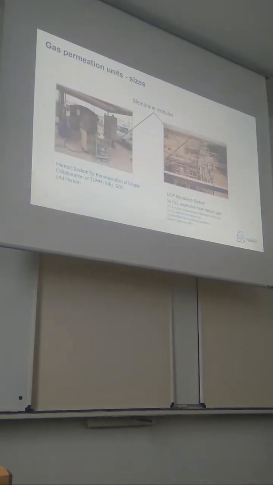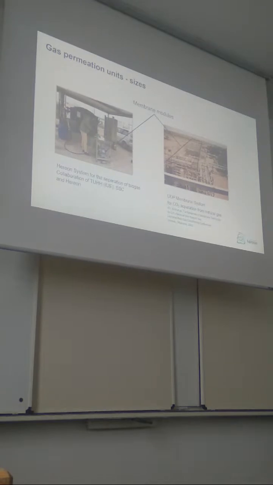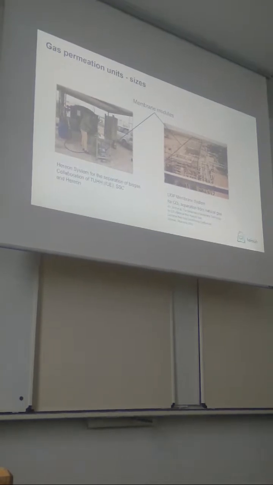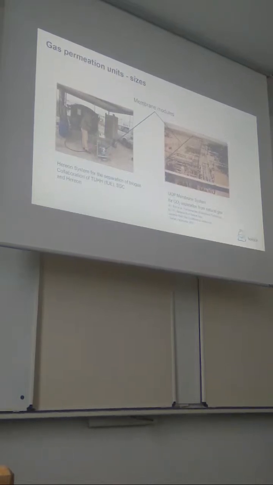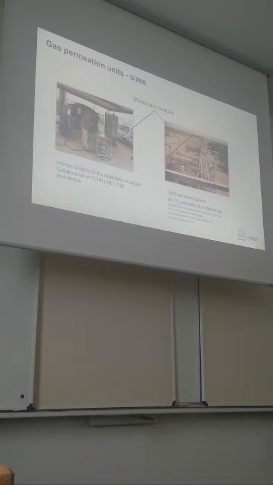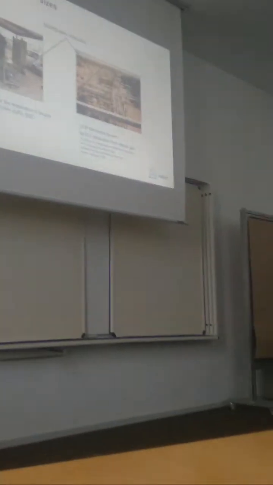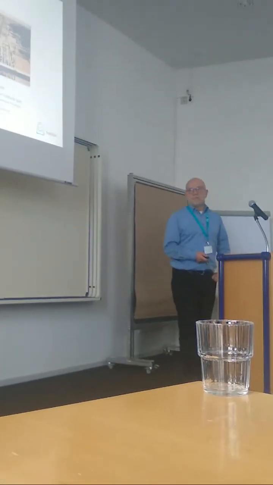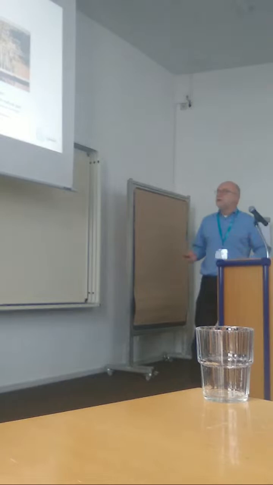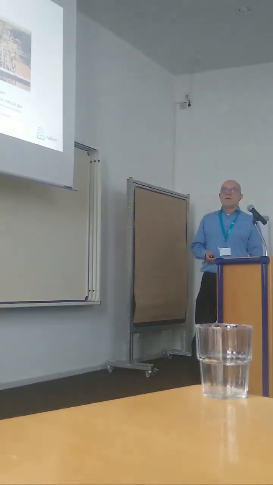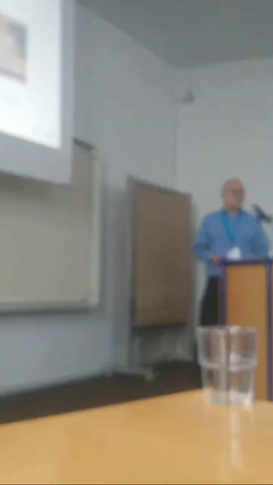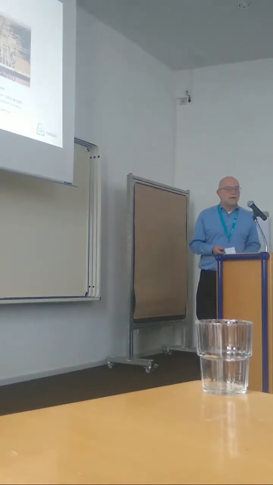Now, membranes in general, these are actually examples for CO2 selective membranes, come in a lot of different sizes. So this small guy down here is a membrane module connected to a small biogas plant. And these are all membrane modules as well that are being used for carbon dioxide separation from natural gas. So there are a lot of different sizes of membrane installations that you can plug together in a modular fashion.